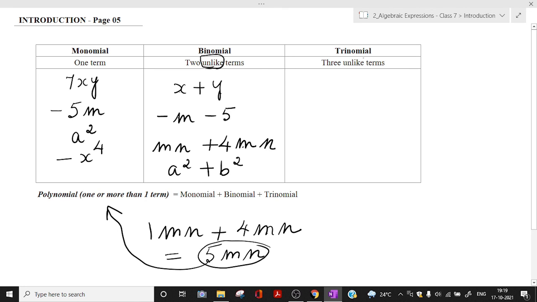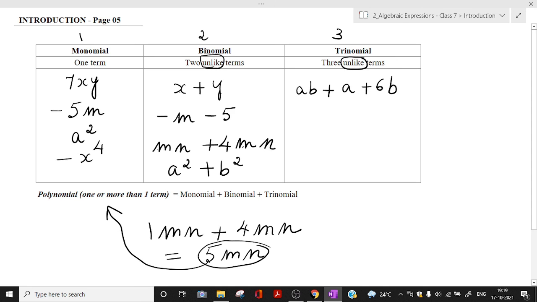Same is the case with trinomial, unlike terms. Tri means 3, bi means 2, mono means 1. And all these terms have to be unlike terms. So in case I write ab plus a plus 6b, it is a trinomial.